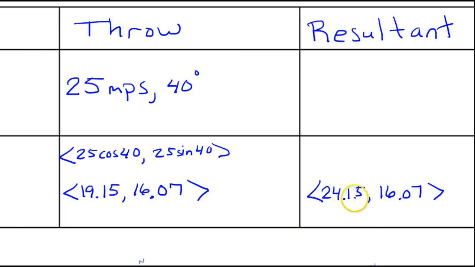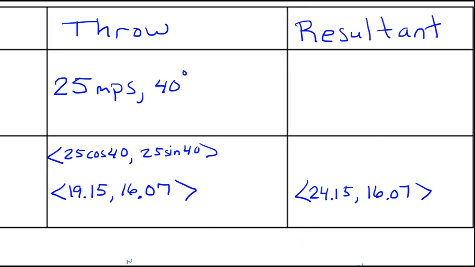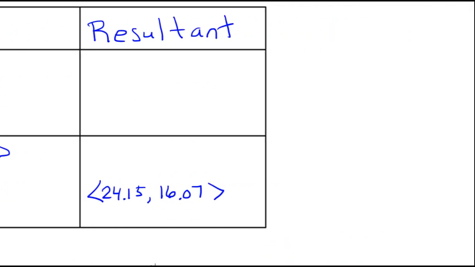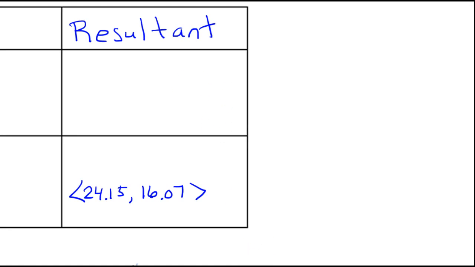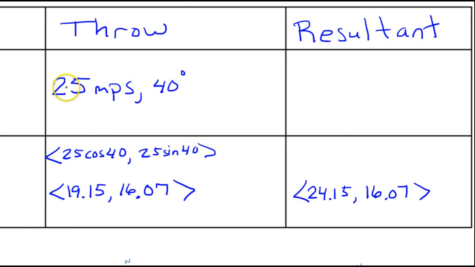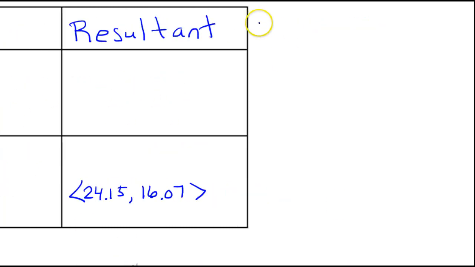So that's 24.15 for the horizontal component and 16.07 for the vertical component of the resultant vector. So we want the overall magnitude and direction of this throw. So we need to take this component form and turn it back into a magnitude and direction similar to this. So we can calculate that off to the side, starting with the magnitude.